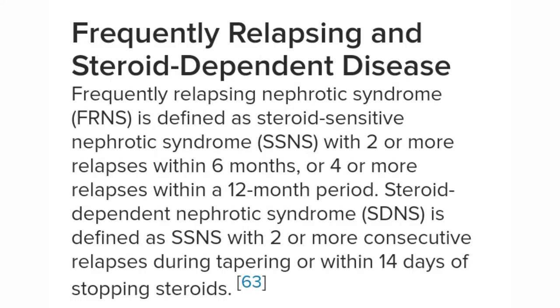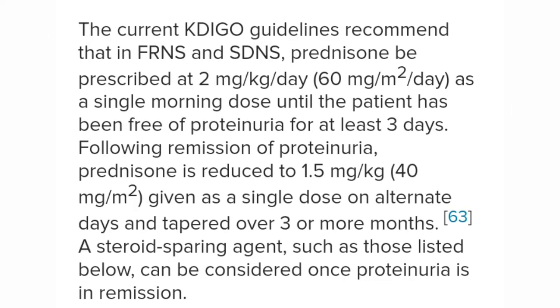Now, how will you manage the frequent relapsing and steroid dependent disease? I have already discussed the definition of these two, what we call frequent relapser and what we call steroid dependent. So we will just go for the treatment option. The current KDIGO guideline recommends that in frequent relapsing nephrotic syndrome and steroid dependent nephrotic syndrome, prednisone is prescribed at 2 mg per kg per day as a single morning dose until the patient has been free of proteinuria for at least 3 days.